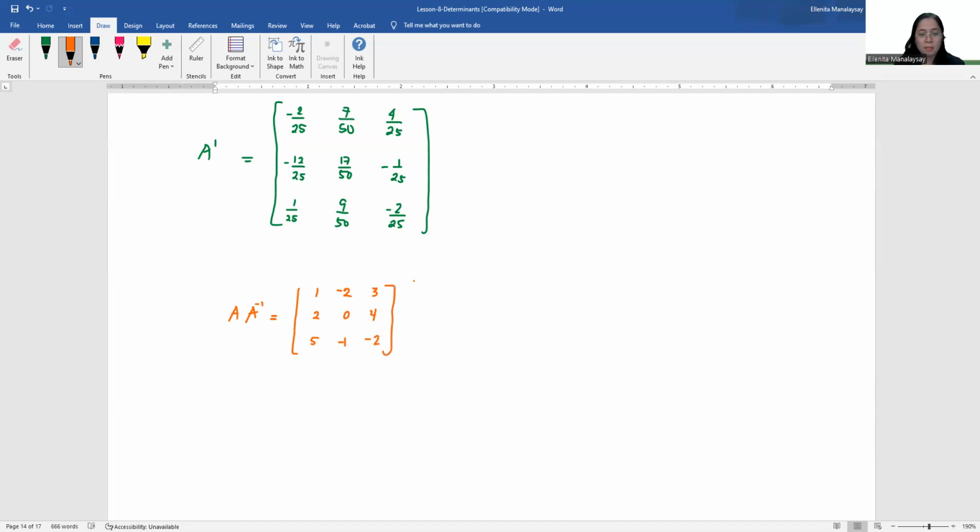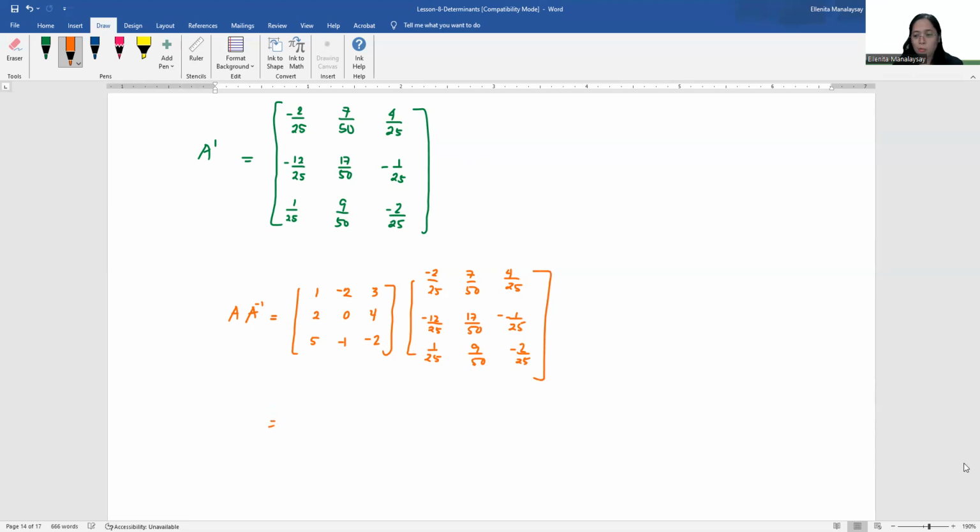So this is A times A inverse: negative 2 over 25, 7 over 50, 4 over 25, then negative 12 over 25, 17 over 50, negative 1 over 25, then 1 over 25, 9 over 50, and negative 2 over 25.